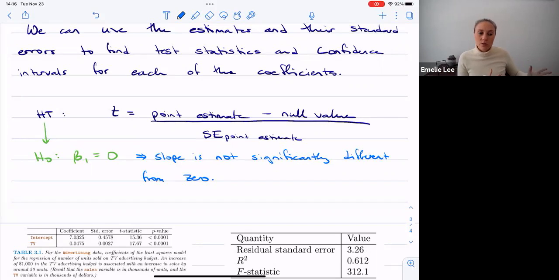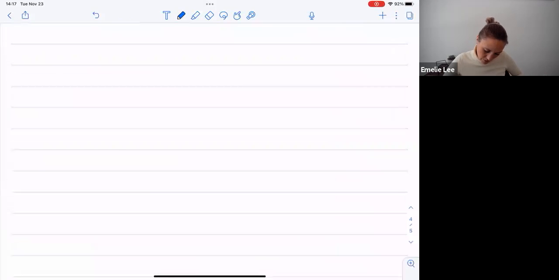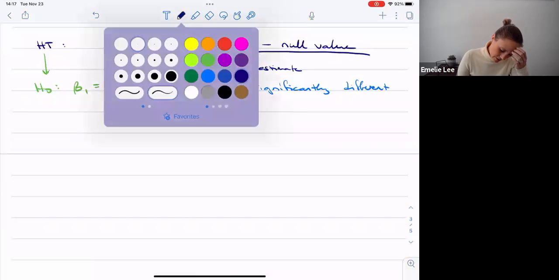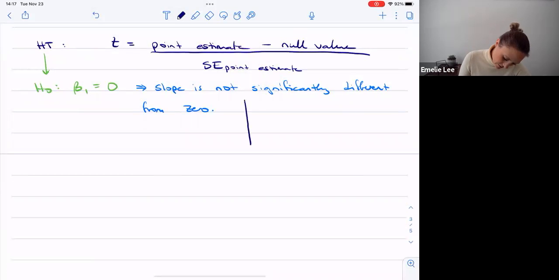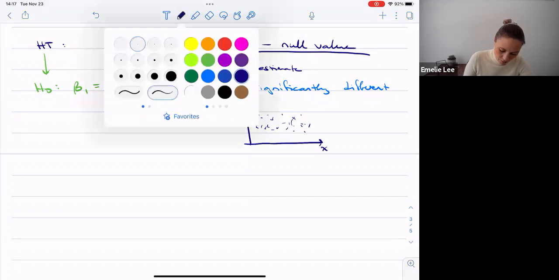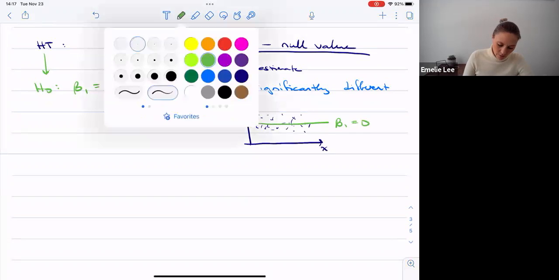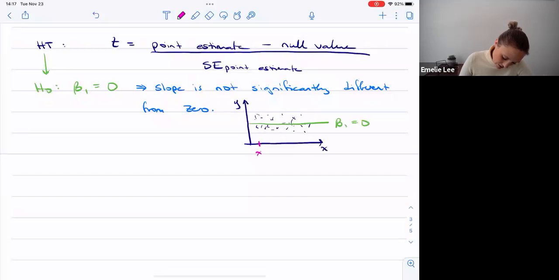So if we have some Y value and some X value and a relationship like this, then the slope is essentially 0, because it doesn't matter where X is.